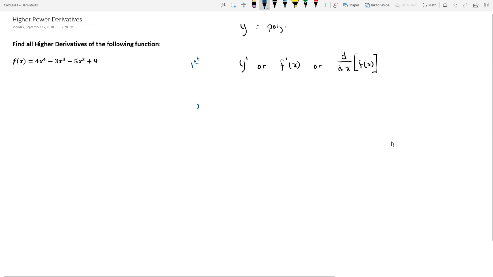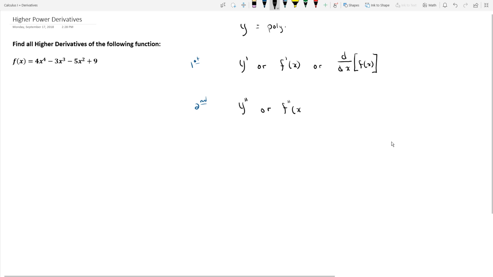The second derivative, and we're going to do this in a moment and see how this works, we can say that it is y with a double prime. That means take the first derivative and then take the derivative of that. We can also write it as f with a double prime, like a quotation mark.